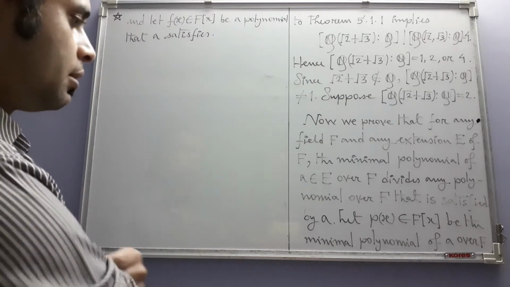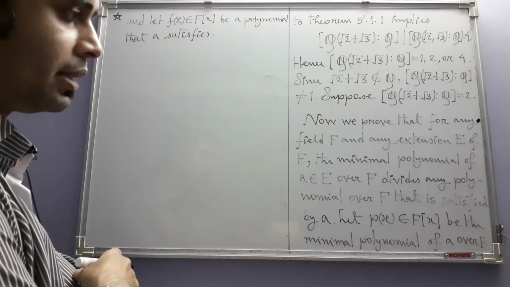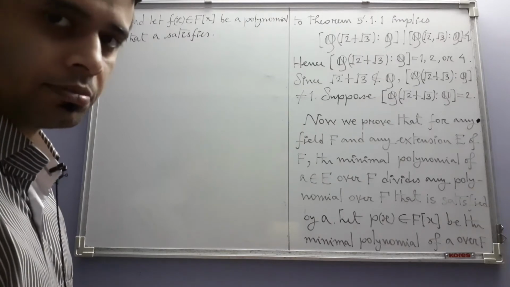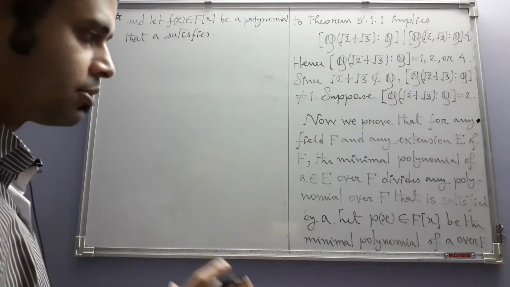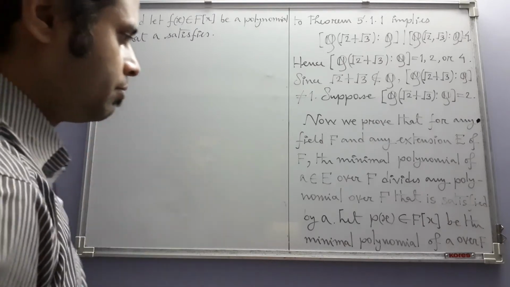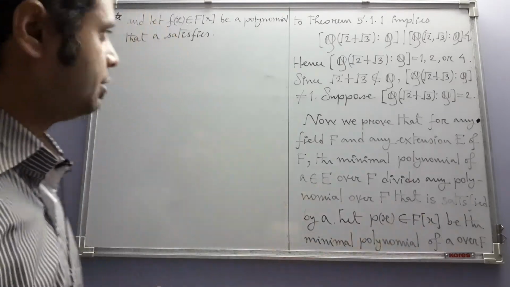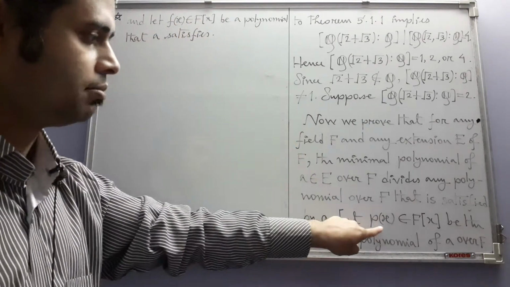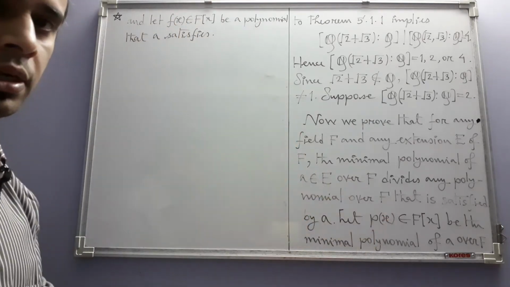Okay. Now the minimal polynomial by definition is a monic polynomial. It is a non-zero polynomial because of that. So in the polynomial ring F[x], we can divide f(x) by p(x) using the Euclidean algorithm.